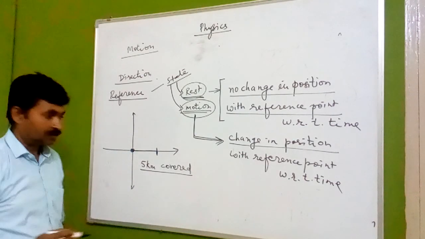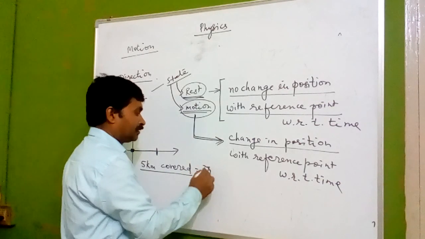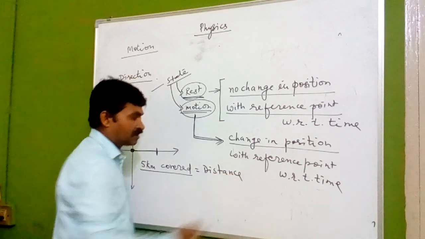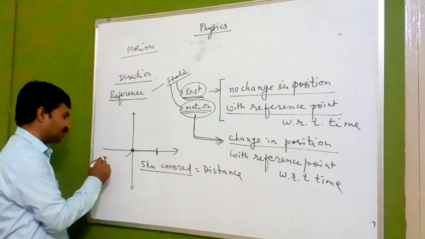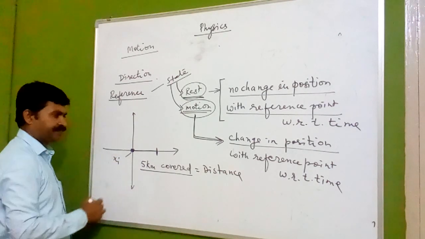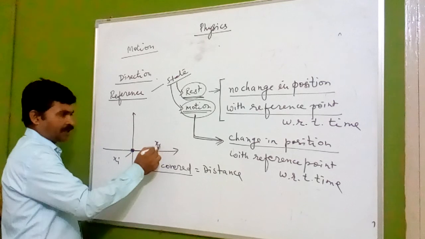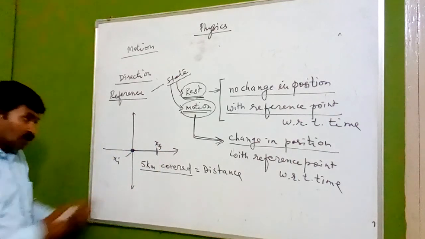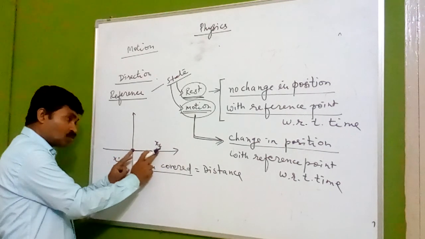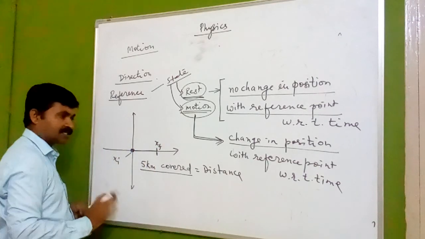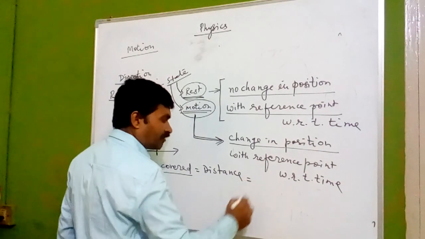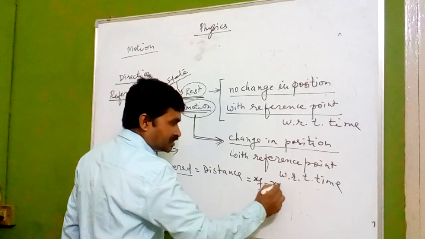No direction. It will give the distance. Means we can say this is the initial position. We can call it xi, and this final position xf. So the difference of these two points will give the distance covered. So distance covered will be given by xf minus xi.